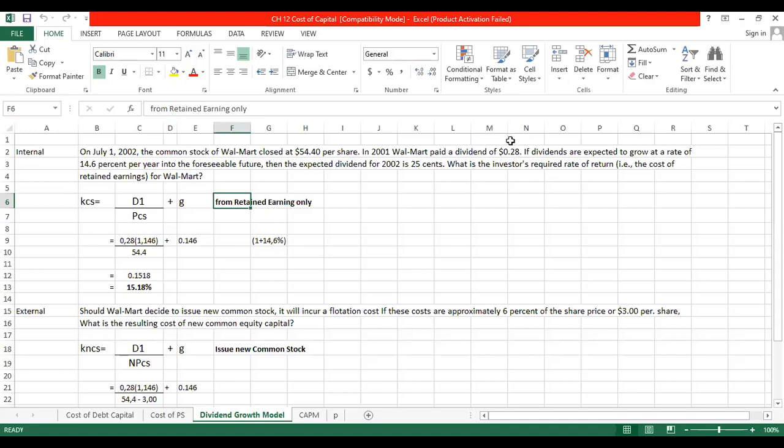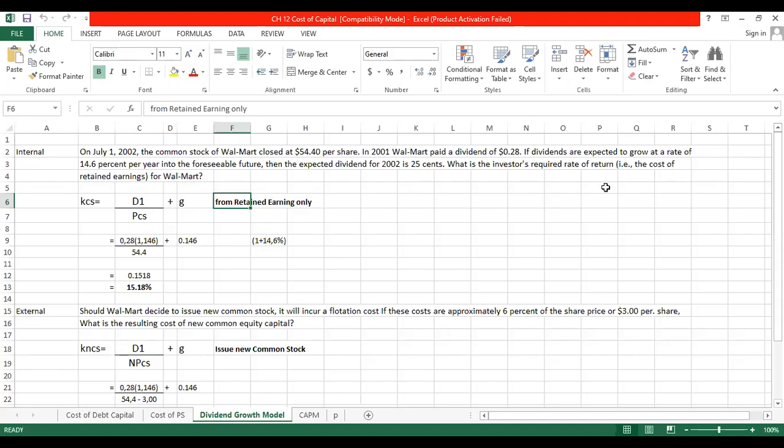The dividend is 0.28. This is last year's dividend. Because this is 2002, this is 2001. In 2001, they had to pay 0.25. If the dividends are expected to grow at the rate of 14.6%, then the expected dividend for 2001 will be 25 cents.